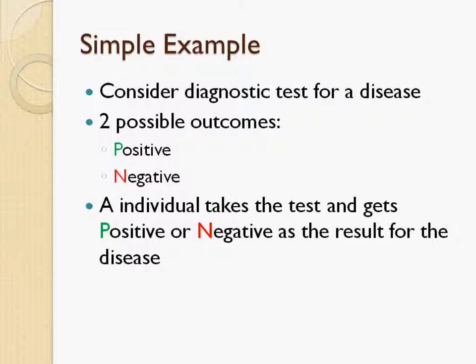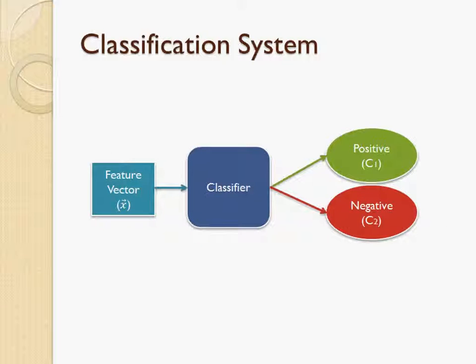Let me start to introduce how to derive this ROC concept from a very simple example. Let's consider a diagnostic test for a disease. There are only two possible outcomes, which are positive and negative. A patient takes the test and gets either a positive result or a negative result.